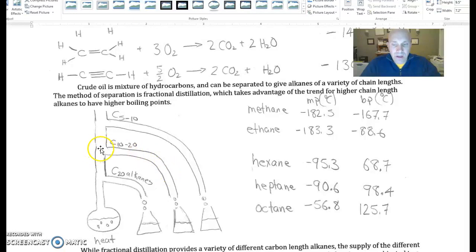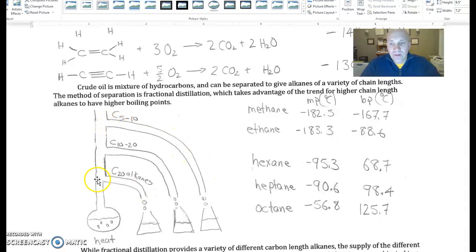But again, right here at this point in this column, that's going to be a hot liquid, and it's going to be hot enough that the even lower chain length things are going to want to continue to exist as a vapor, and they're going to go higher up into the column, and eventually they're going to turn into a liquid and drain down this way.